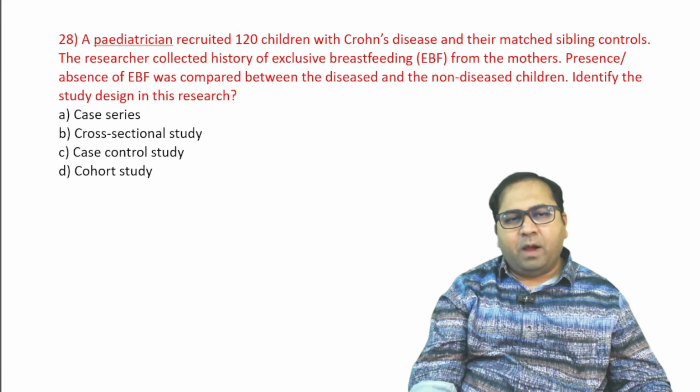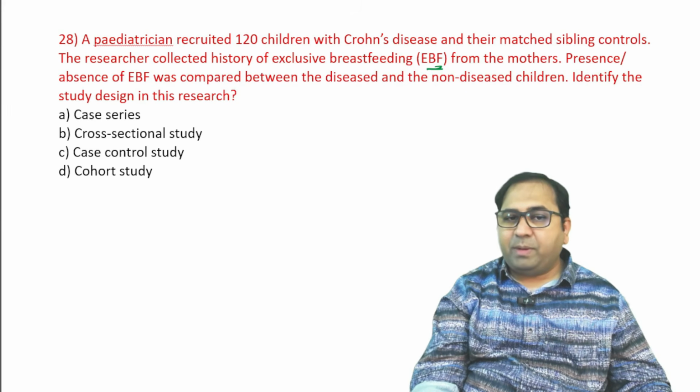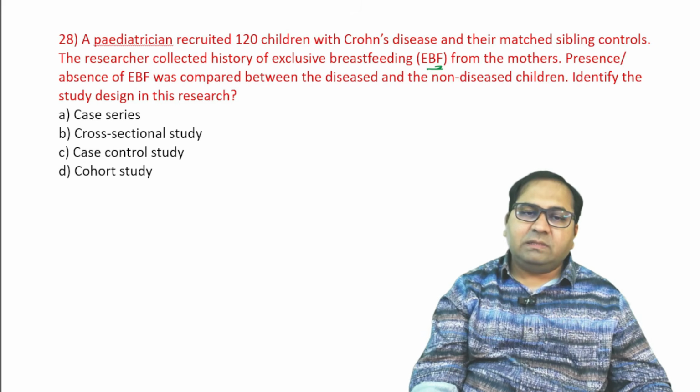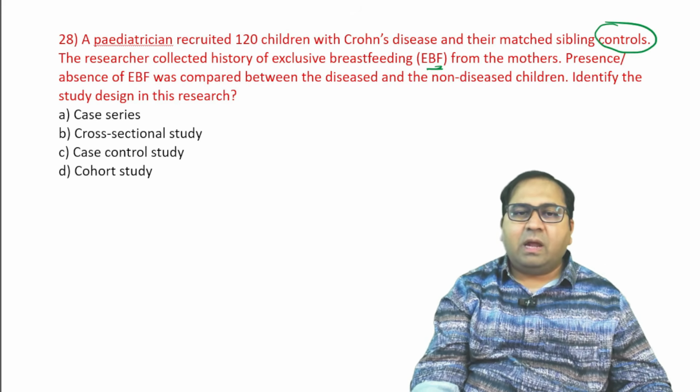Next question. A pediatrician recruited 120 children with Crohn's disease and their matched sibling controls. The researcher collected history of exclusive breastfeeding from the mothers. Presence or absence of exclusive breastfeeding was compared between the diseased and the non-diseased children. So identify the study design in this research. They have taken controls and we have the diseased also.